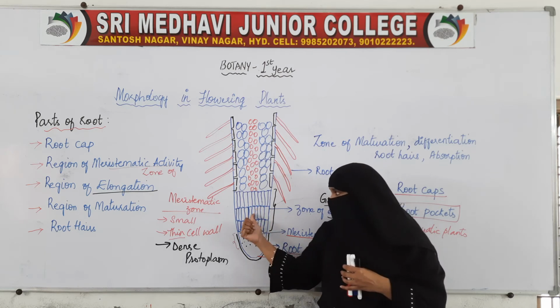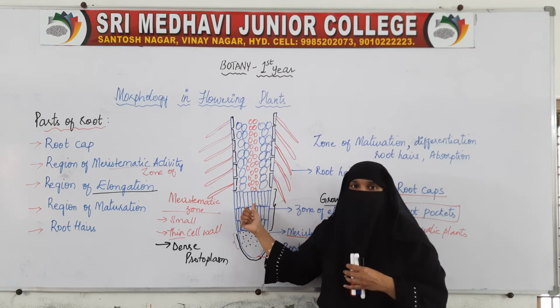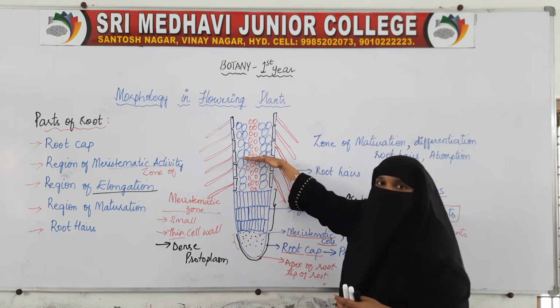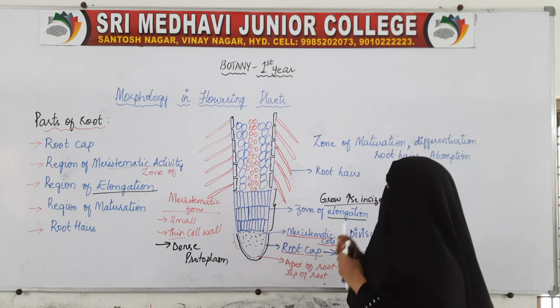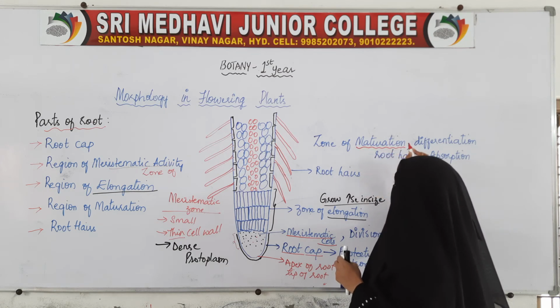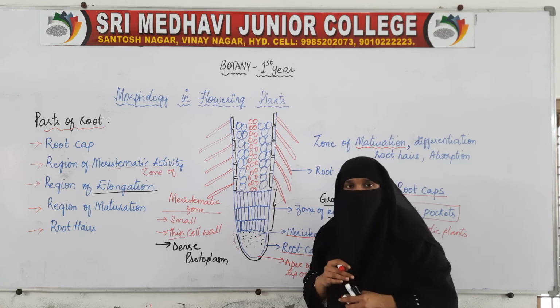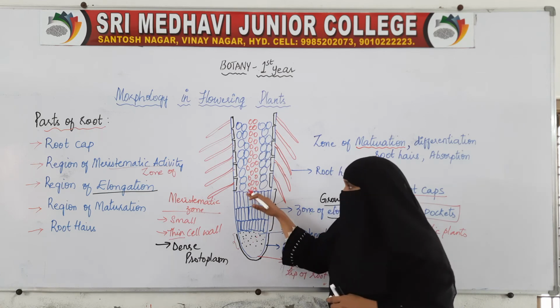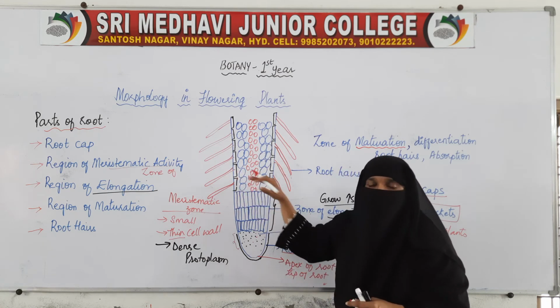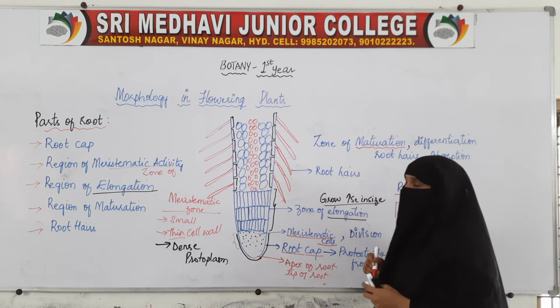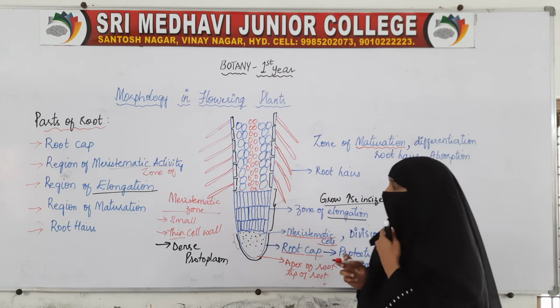So according to this function, the cell will grow, and after growth, the cells will enter into another region called the zone of maturation. From this zone of elongation, the cell will move to another region just above the zone of elongation, that is called the zone of maturation.